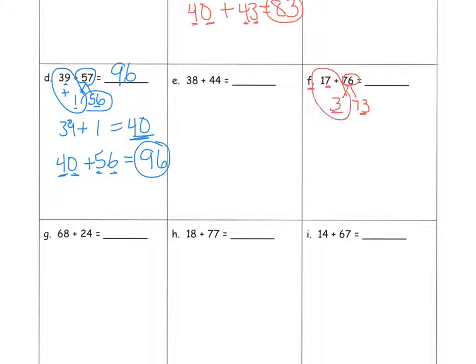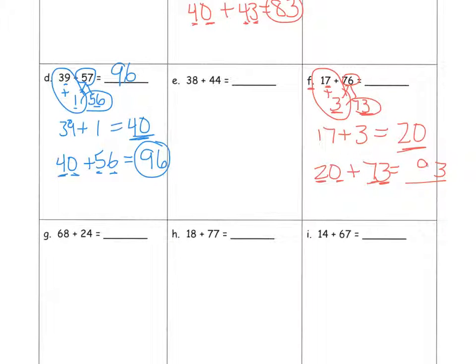And I want to add these two to get me to my next 10. 17 plus 3 is 20. And I'll take that 20, and I'm adding the 73 to it. And again, 0 ones and 3 ones is 3. 2 tens and 7 tens is 9 tens or 90. So my answer is 93.